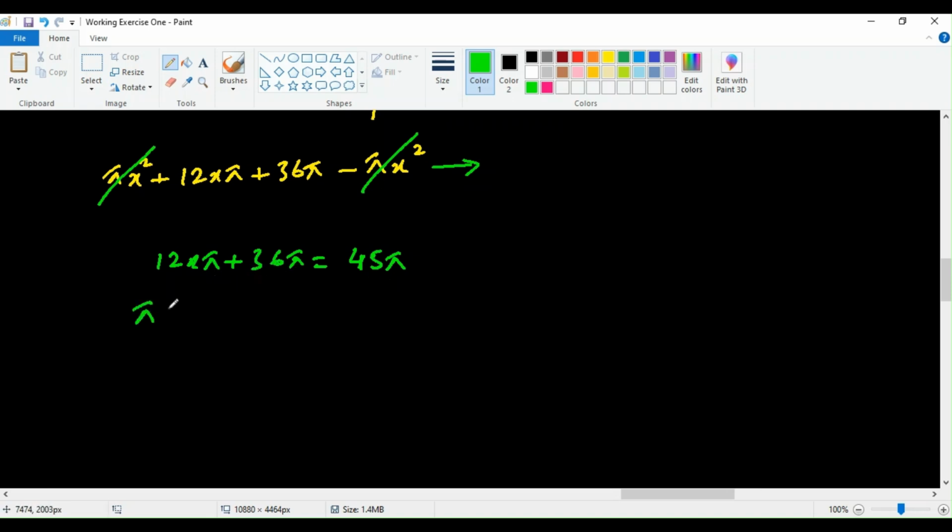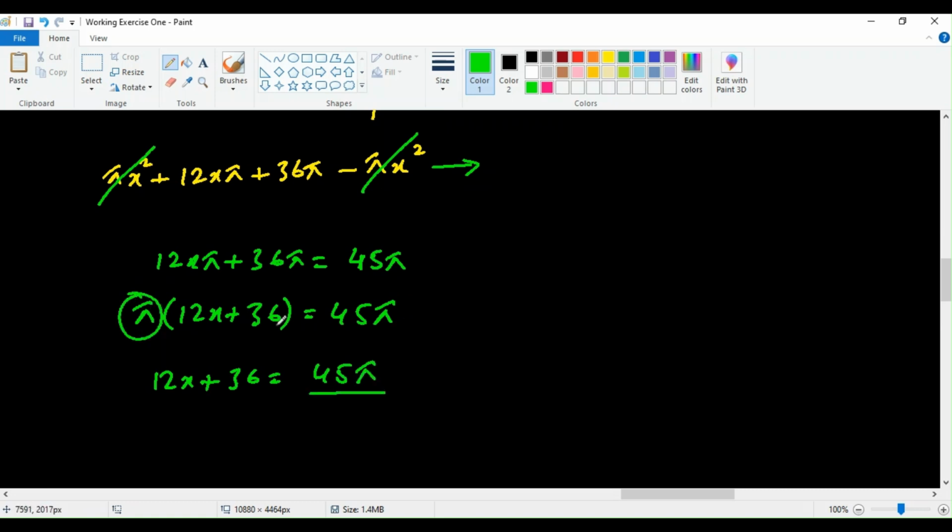Pi is going to be taken out, and 12x plus 36 equals 45. This pi is multiplying this side, so on the other side it will go and divide. So these two are going to be cancelled.